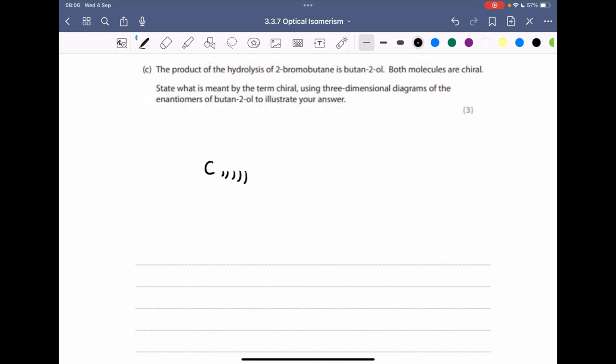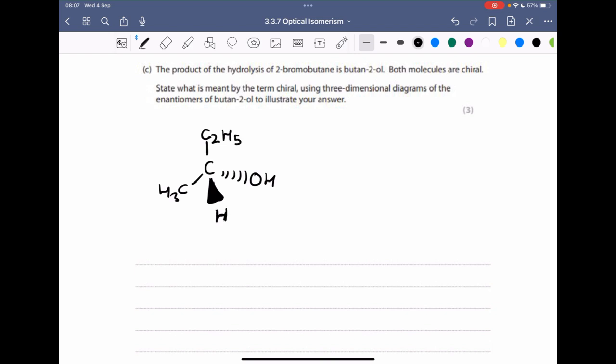Remember, for your tetrahedral, you need to draw the dotted line, the big wedge line, like this, and 2 straight lines. Okay? C2H5, okay? So this is butanol, the tetrahedral.